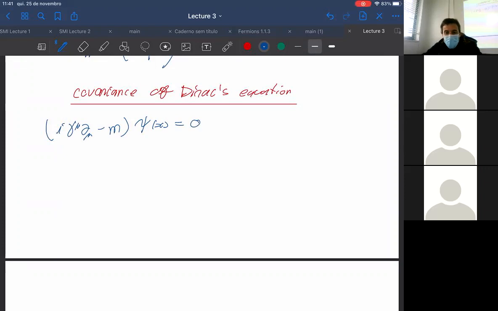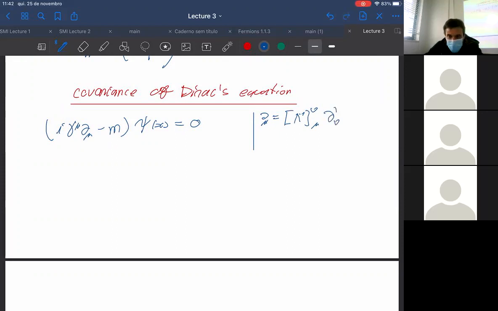Now we are going to pass it on to a frame where we write everything with primes, but for that we need to act the Lorentz transformations, as we have seen already a few times. But what we do now, let's just recall a few things, that d mu is equal to the inverse of the Lorentz transformation, lambda mu nu, d nu prime.